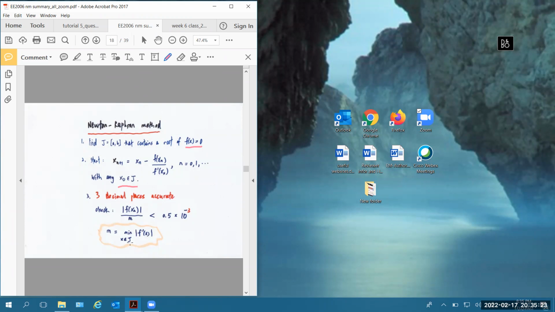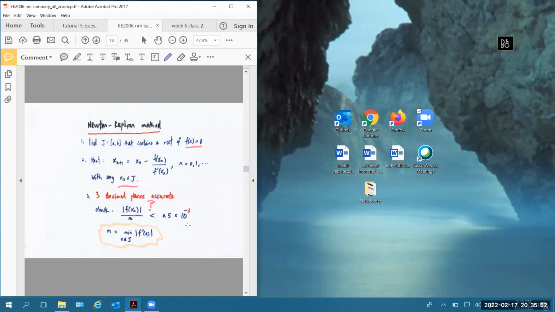So this is our m. Then we check this quantity, which is a question mark here: is it less than 0.5 times 10 to the power minus 3? If it is, that means your x_n is correct to 3 decimal places. If it is not, then we haven't reached the accuracy, and we carry on doing and carry on checking.